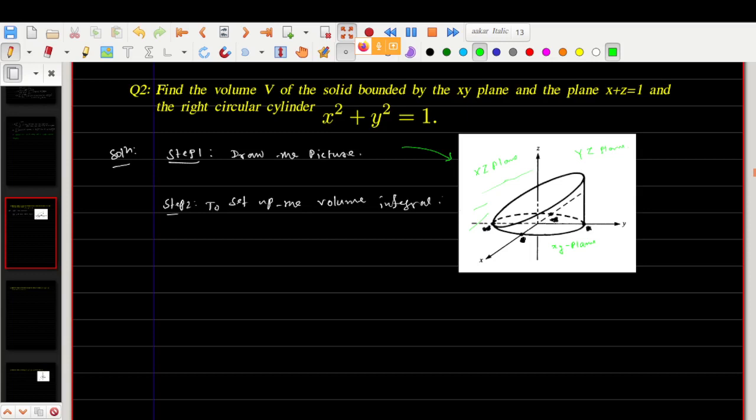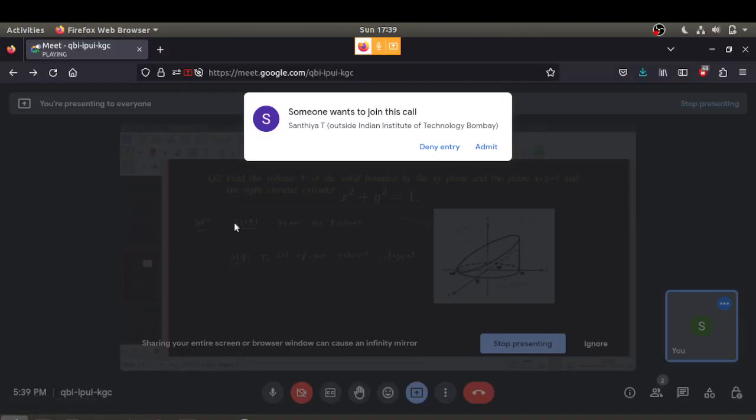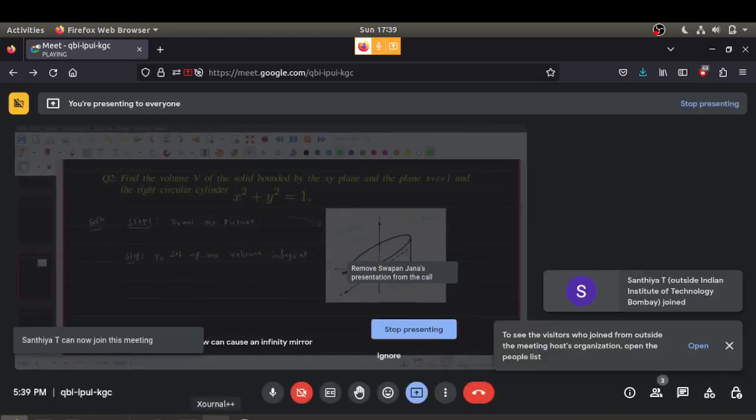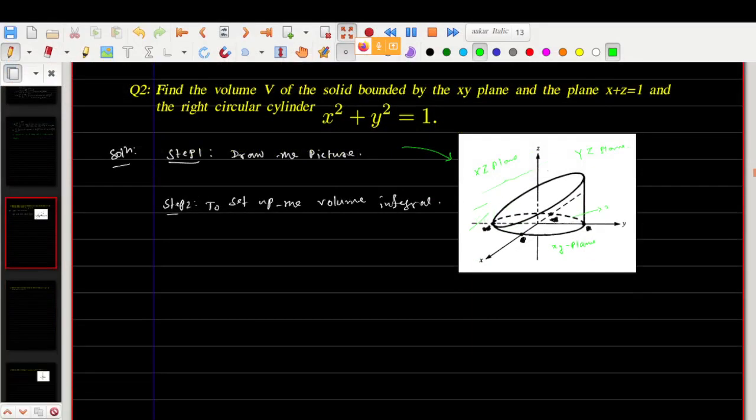Now the circle is nothing but x square plus y square equals 1, that is given. Okay, so now the equation of the circle is x square plus y square equals 1, and what is the equation of x plus z?